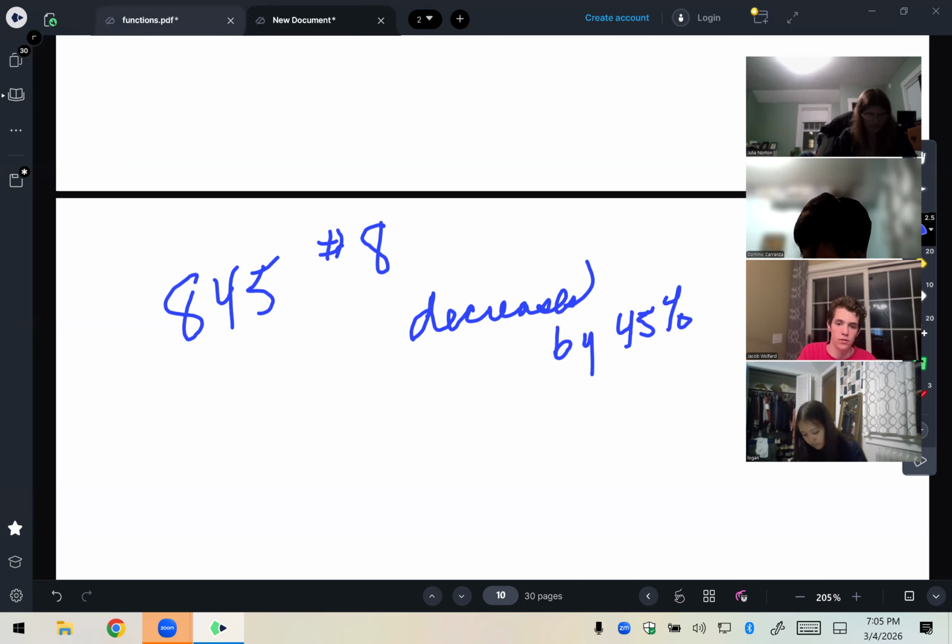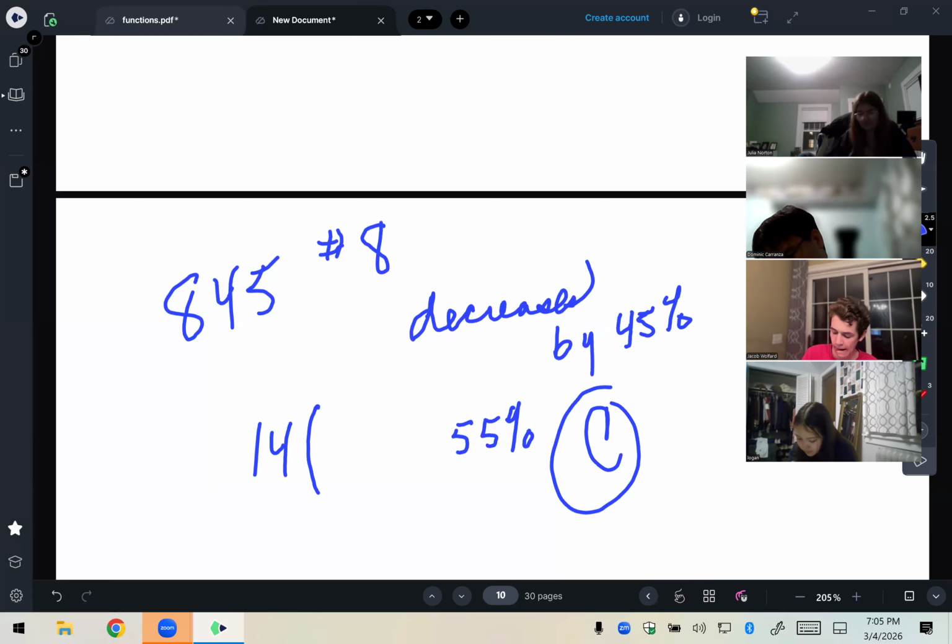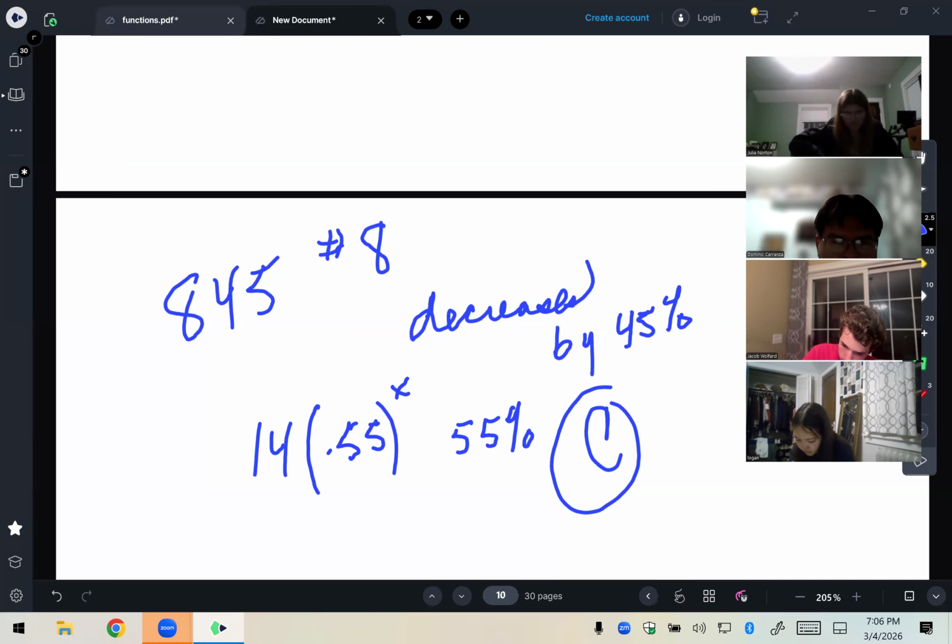So that means it's only going to be 55% of what it was originally, and so that means it's going to be answer choice C. Does that make sense? Because we start with our 14 and we only want 0.55, because that'll give us a decrease of 45%.